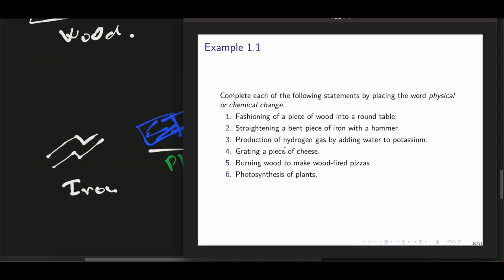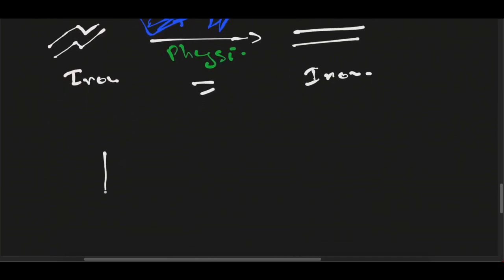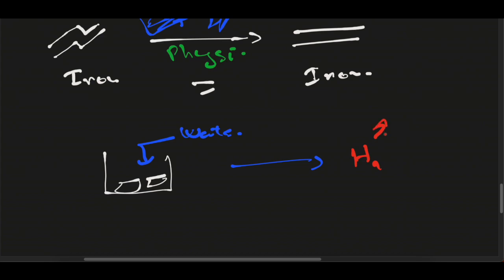Third statement: production of hydrogen gas by adding water to potassium. So we have potassium, and if we add water to it, we produce hydrogen gas.